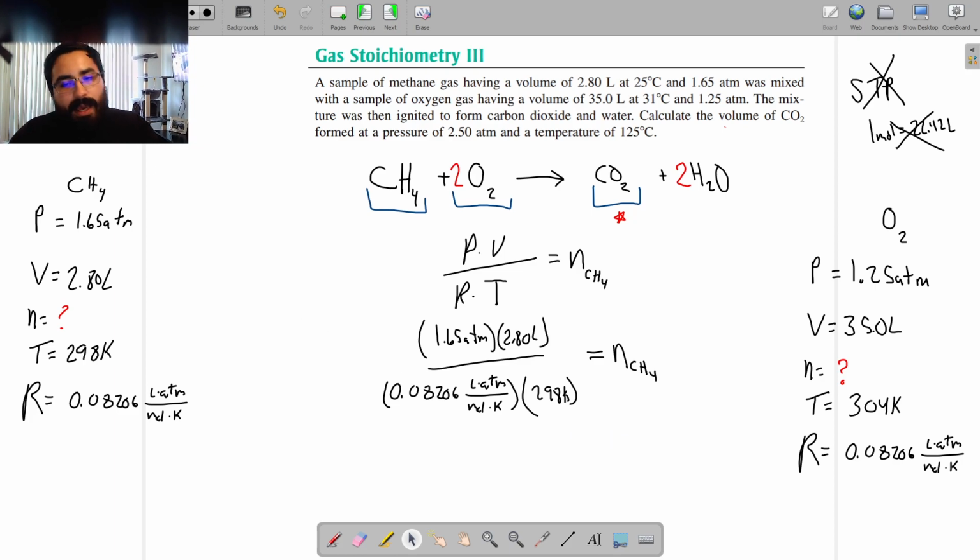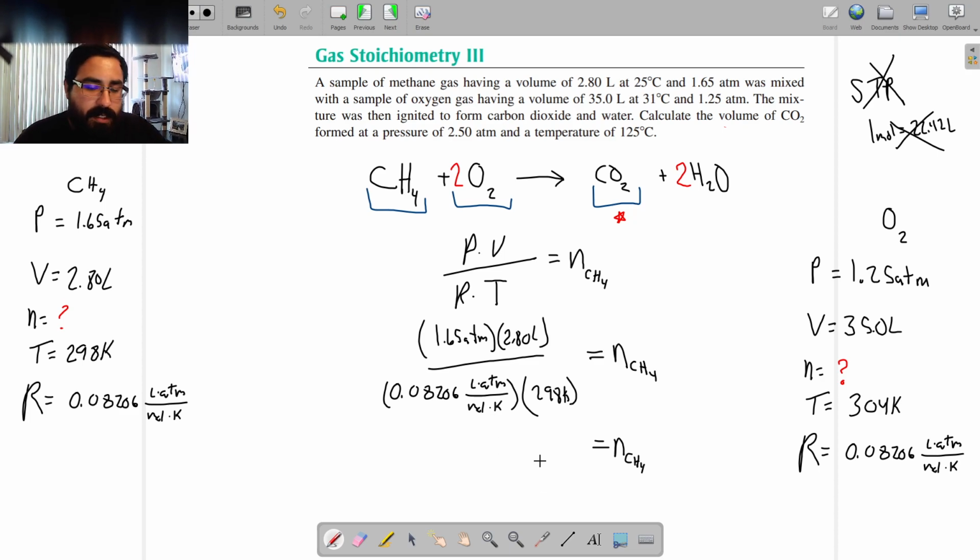Now n, the number of moles of CH4, we got to multiply the top and then divide by the bottom. So let's go ahead and do that. 1.65 times 2.8 divided by 0.08206, and then divided by 298.